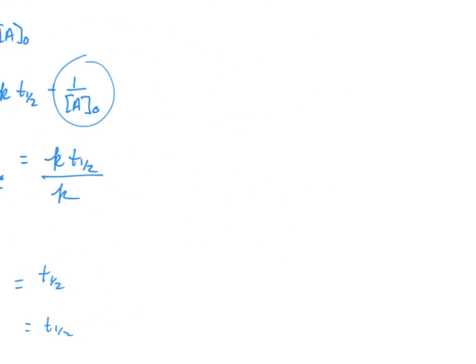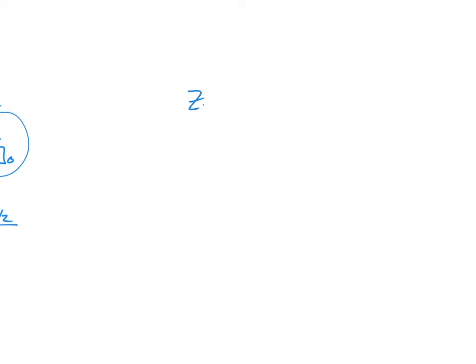Okay, so we can do the same thing for our zero order reaction. A zero order reaction says that A at time t is equal to minus K times T plus A at time 0.